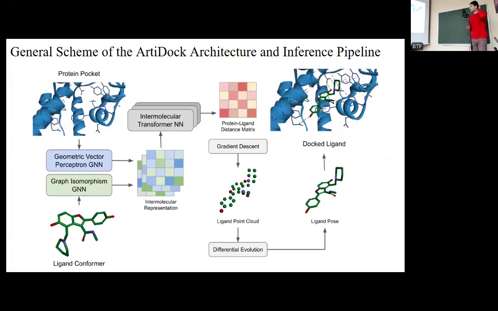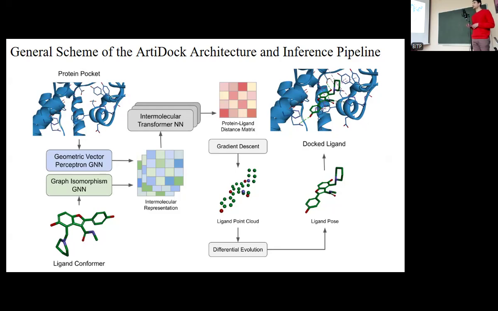In this slide, you can see a general scheme of the RTDock architecture and inference pipeline. The tool consists of two parts. The first part is an artificial neural network that uses a molecular graph representation of the protein binding pocket and a molecular graph representation of a random conformer of any given ligand.